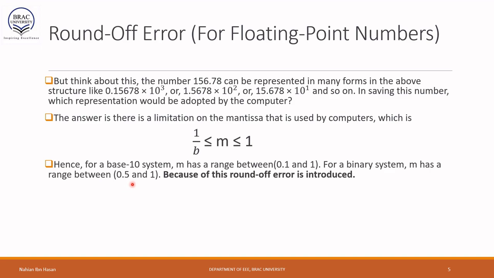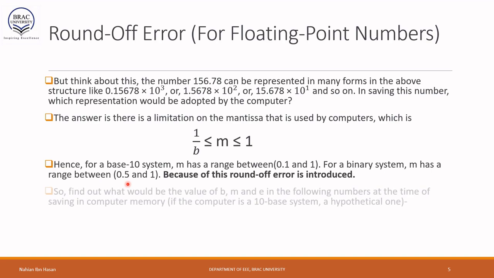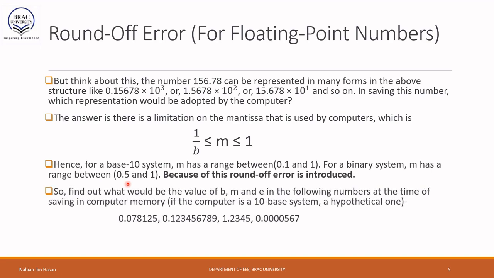So that is the scenario where the round-off error comes into account. Since the range should be between 0.5 and 1, the mantissa can represent only a certain number of digits. For example, look at this number: 0.078125. If you want to save it within the computer memory, you should represent it as 0.78125 times 10 to the power minus 1.